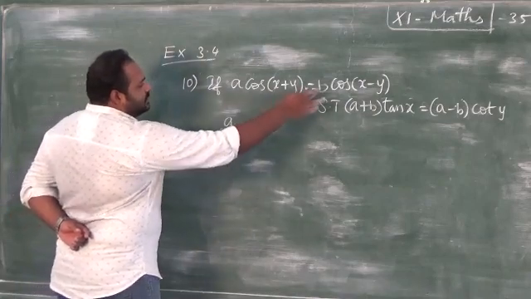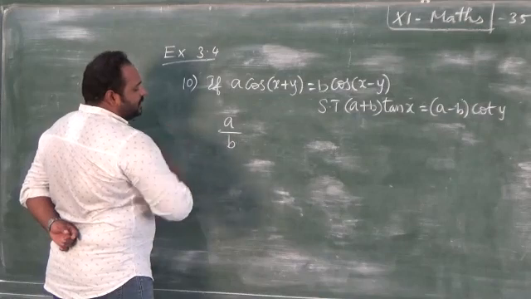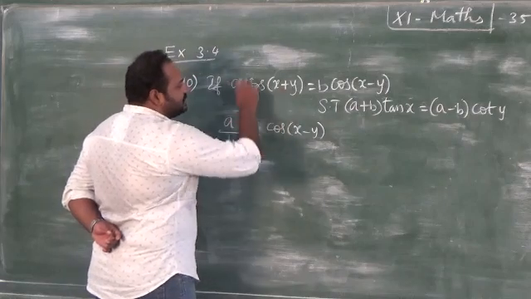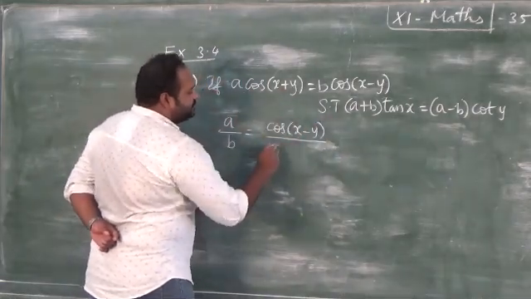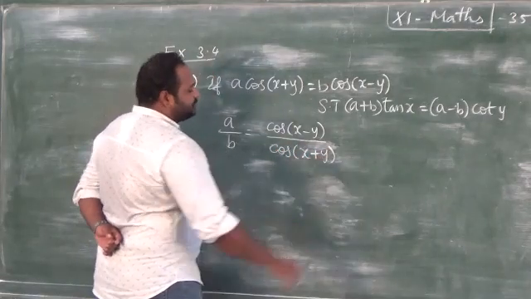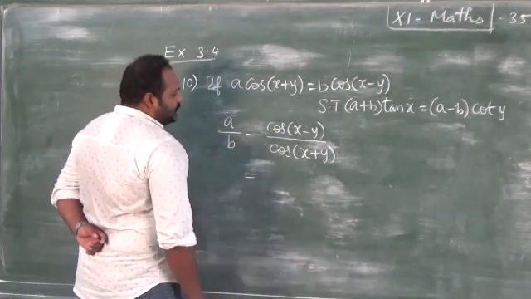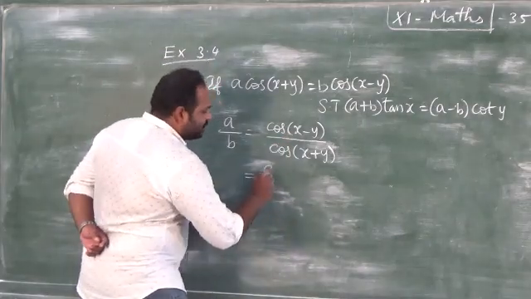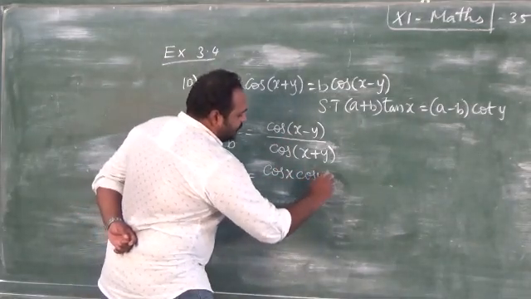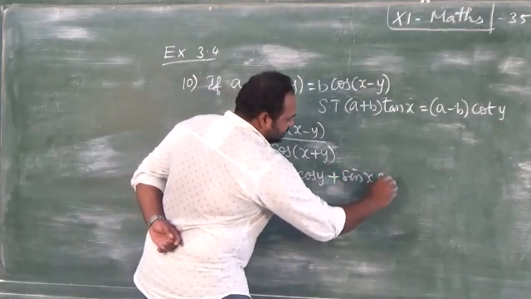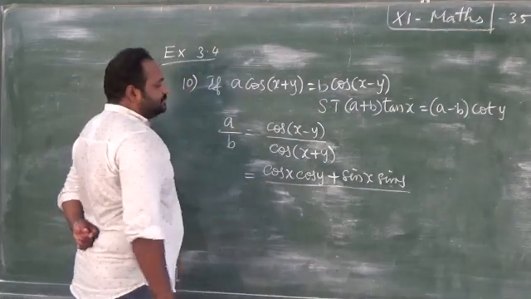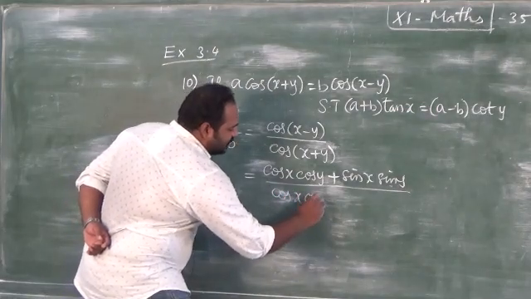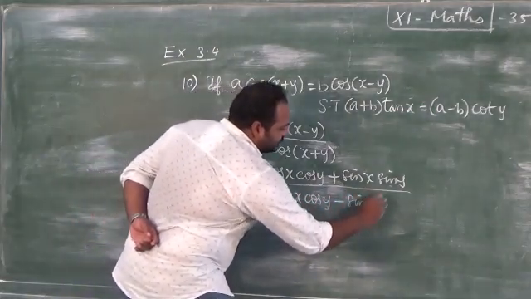So A by B equals cos(x − y) divided by cos(x + y). Now I am going to expand the formulas. Cos(x − y) is cos x cos y plus sin x sin y, divided by cos(x + y), which is cos x cos y minus sin x sin y.